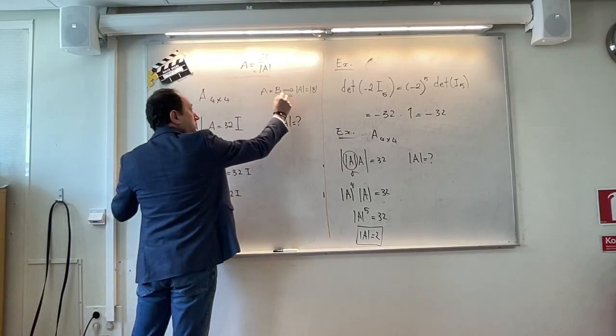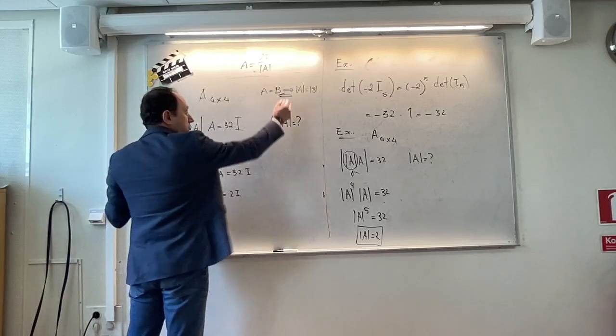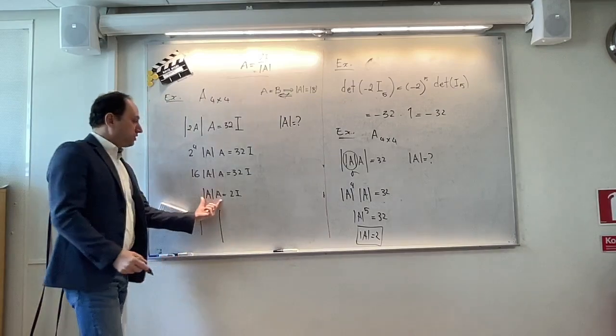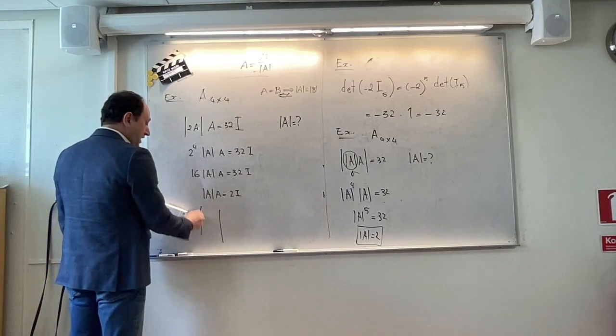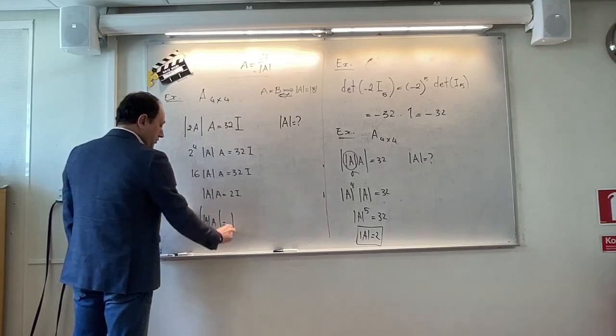But is it the other way around? No, because we can cook up a lot of matrices with the same determinant. So if this matrix is equal to that matrix, it is guaranteed that this determinant is equal to this determinant.